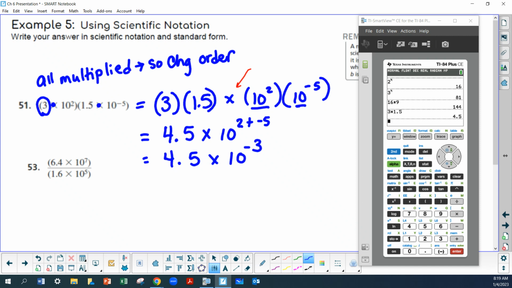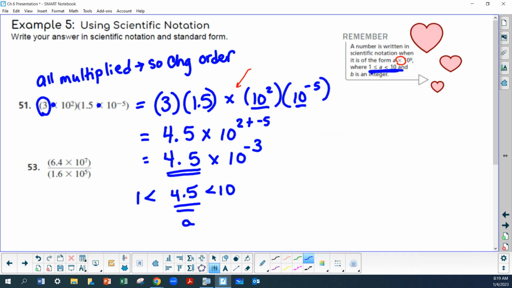Beautiful. That's our final answer because A fits between 1 and 10, right? 4.5 is less than 10. Our A value is perfect. And by A value, I'm referring to what they were up here, right? That we have some A times the power of 10. All right, there's that one.